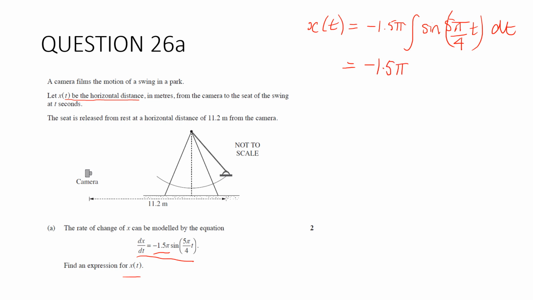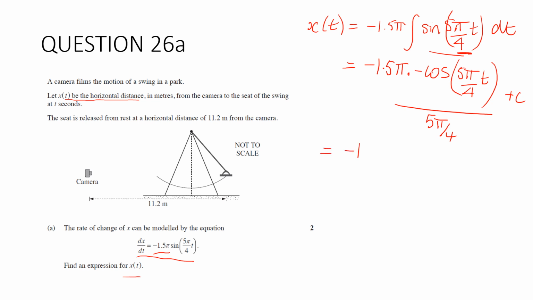Okay, the integral of sine is negative cos. Now we've got a reverse chain rule here. So it's negative cos 5 pi on 4t divided by the derivative of the inside function, which is 5 pi on 4, plus c. Let's tidy that up.